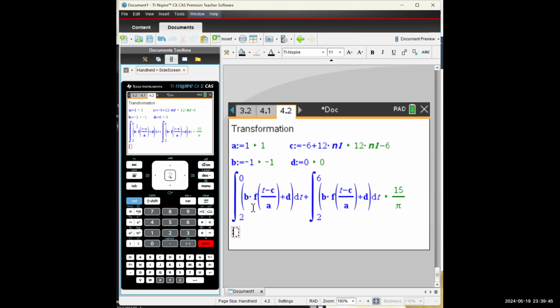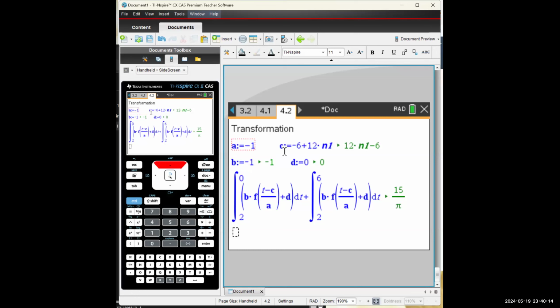After we applied this transformation to f of t, this is the resulting function in terms of f of t involving a, b, c, d, four numbers. So for example, if I choose a equals 1, b equals minus 1, c equals minus 6 plus 12n, and d equals 0, that calculation actually checked. Good, my a, b, c, d values work because it evaluates to 15 over pi. If I try a equals -1 here, that's minus 15 over pi, which is no good, but then we need to adjust b equals 1. That also gives me 15 over pi. We may want to check with other values, say, how about a 6 here?